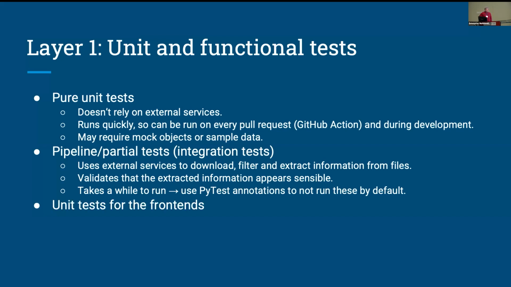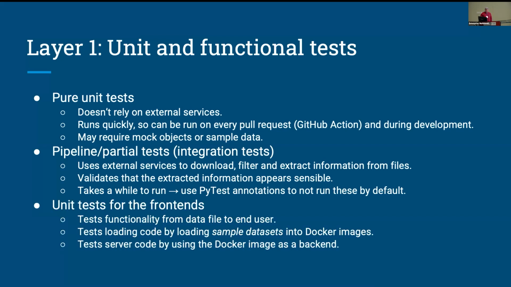And then there's unit tests for individual front ends, which do what you would expect, where we have small sample data files. They get loaded into a Docker image, which replicates what the actual database backend is going to be, sets the front end up to point at that database, and then runs a whole bunch of tests against that front end.